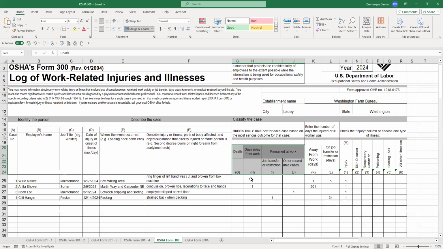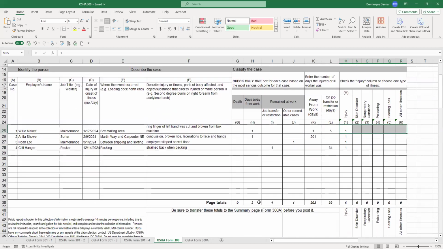We are going to record the most serious, which is days away from work, and I entered that here. However, I am also going to put how many days he was away from work and how many days he was restricted. Then you record only one in this category too. And at the bottom, if you're using an Excel spreadsheet, you can have it total already, so you can easily transfer that over to your summary.